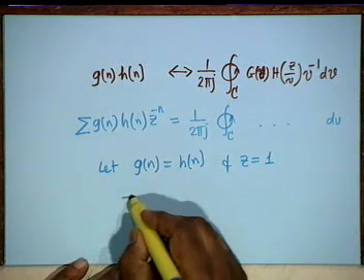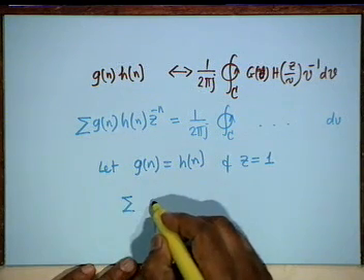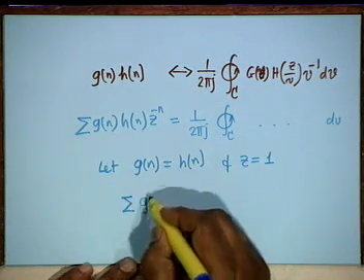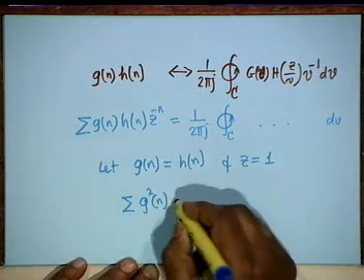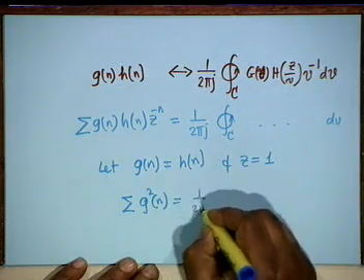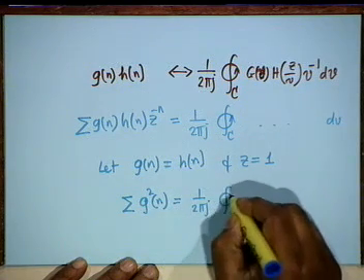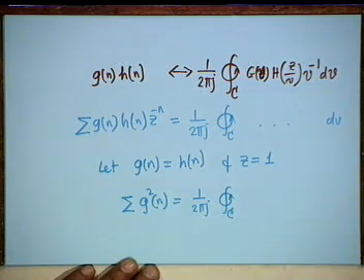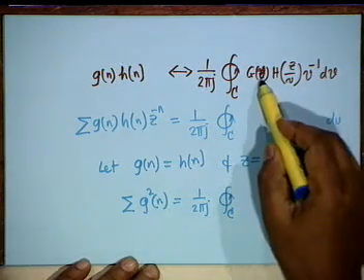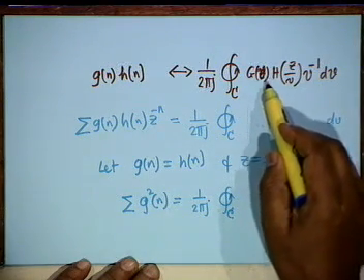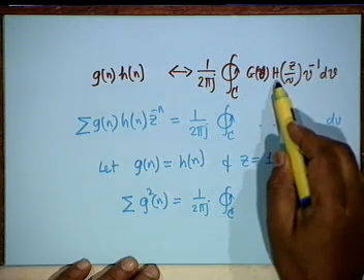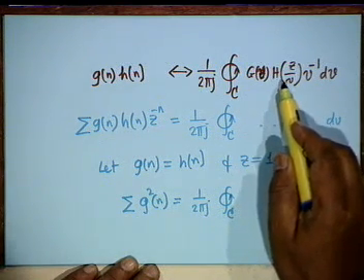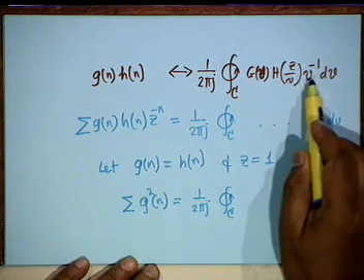Then the left hand side simply becomes the energy of the sequence, that is, sum of g squared n, and the right hand side becomes 1 over 2 pi j contour integral over C. Put z equal to 1, then you get G(V) H(V inverse), but capital H is the same as capital G, multiplied by V inverse dV.